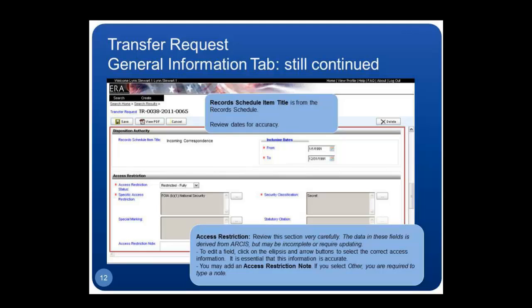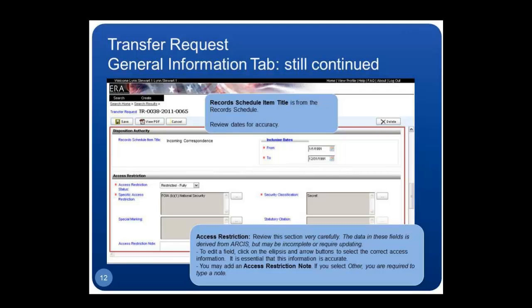The access restrictions section, keep in mind that this is extremely important information. Often the information here may indicate that these records are national security classified or contain personally identifiable information. But the point of access restrictions is just that.